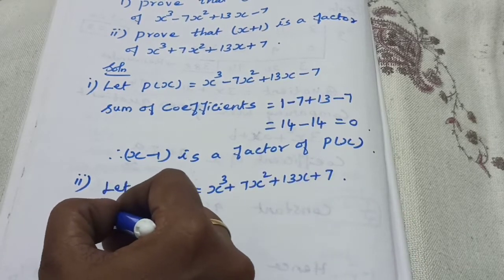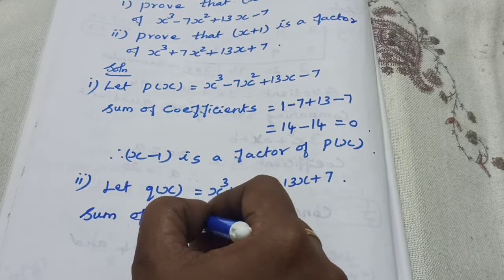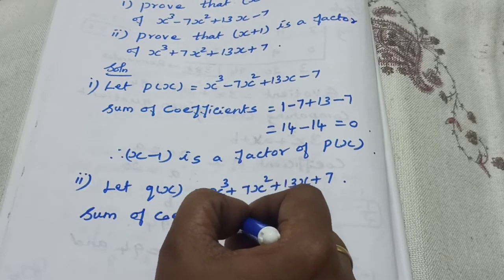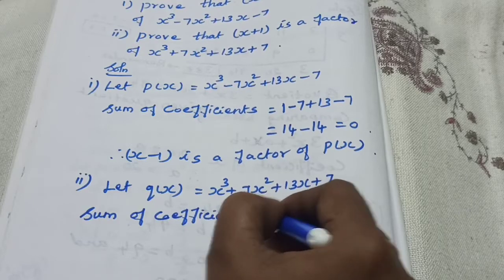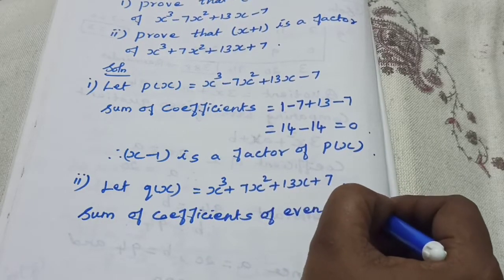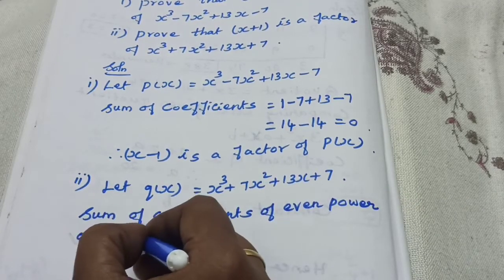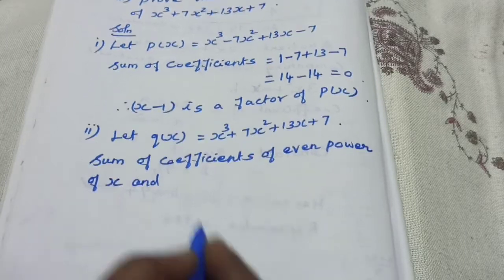Then we can write like this: sum of coefficients of even powers of x and constant term.